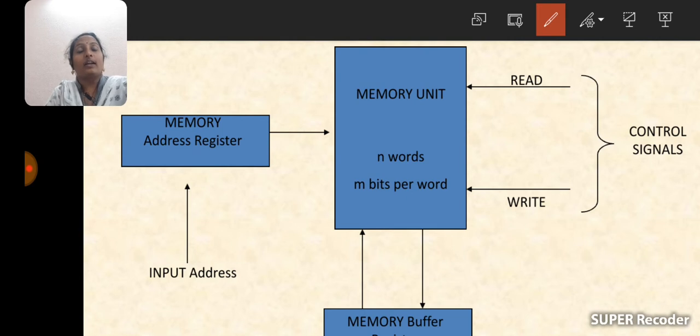Addressing. So why is addressing essential? Because memory is not a single register. It is a group of registers or a group of locations.